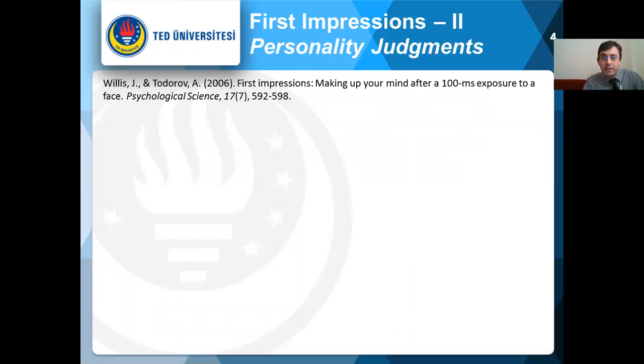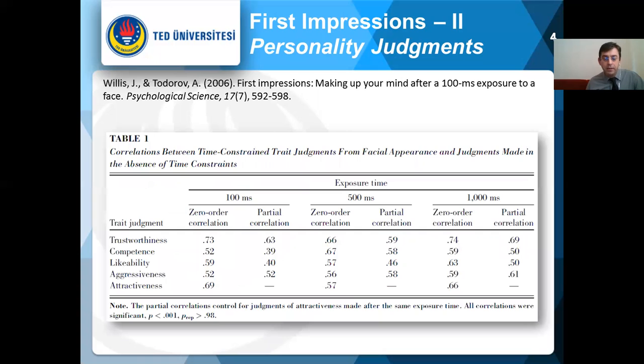Another experiment that I'm going to share with you today is by Willis and Todorov. It's about the first impression that is formed by simply being exposed to faces, but this time the researchers studied some personality characteristics: trustworthiness, competence, likability, aggressiveness, and attractiveness.